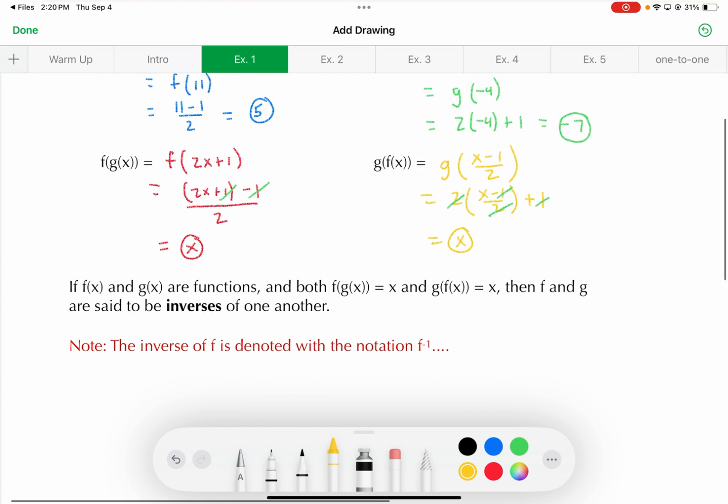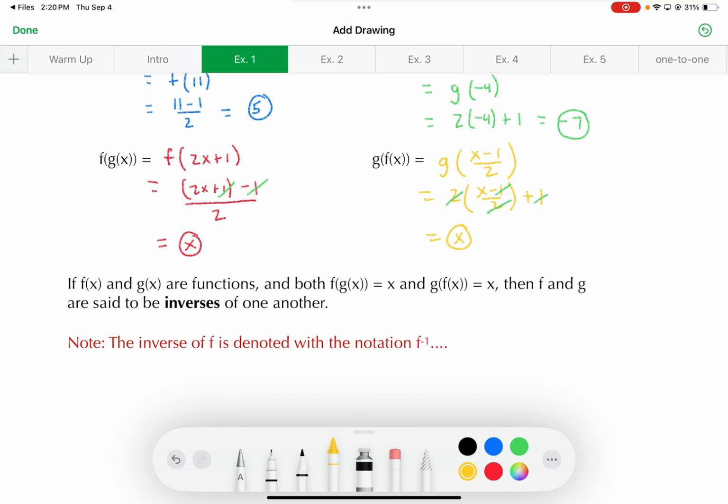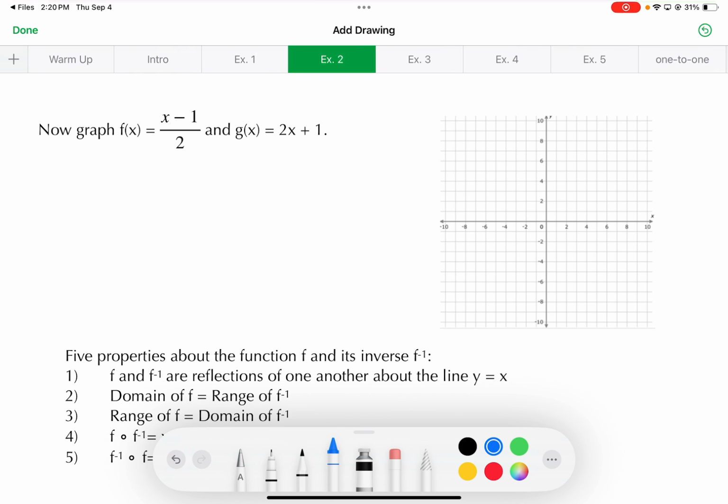Now recall, inverse notation, if the function is f of x, then the inverse notation would be represented by that. It looks like f to the negative first power, but you would say the inverse of f, or f inverse, right? Okay.